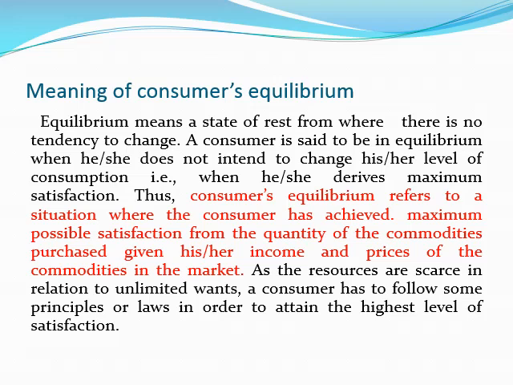So the meaning of equilibrium refers to a situation where the consumer has achieved his maximum possible satisfaction from the quantity of the commodity purchased given his income and prices of the commodity in the market. So the consumer equilibrium is a combination of the price of products and the satisfaction.